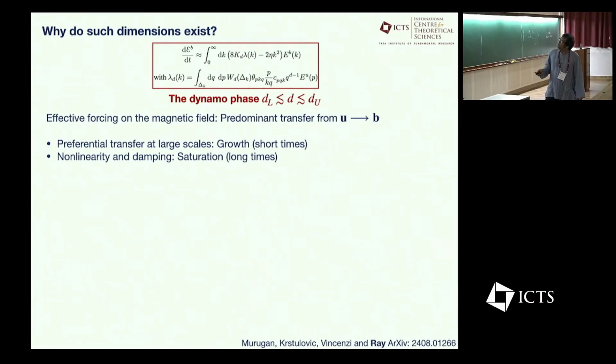And what you then find is that for the phase where you do have dynamo, and you calculate these terms by hand to see what the net transfers are, you find that the predominant transfer on average is always from U to B. All right, and so the fluid is actually driving the magnetic field. And what you find is that at short times you see a growth, whether it's exponential or not, we can discuss later. And at long times, nonlinearity and the damping saturate things.